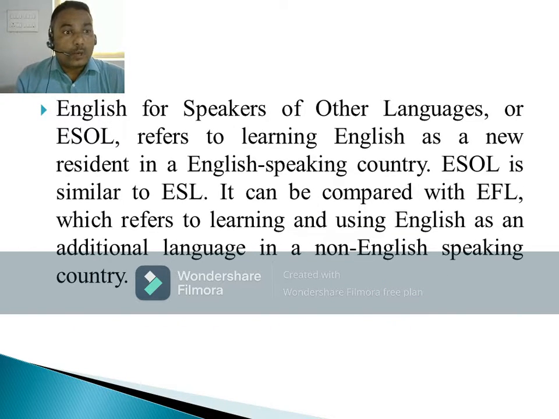Why ESOL? English for Speakers of Other Languages, or ESOL, refers to learning English as a new resident in an English speaking country, that is, learning the language English as a new resident in an English speaking country.